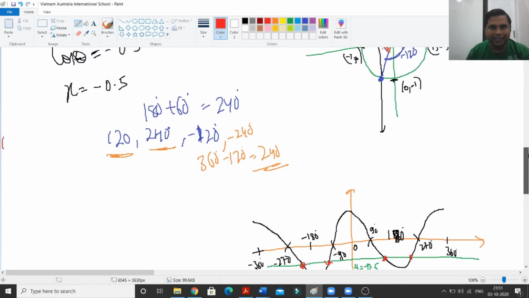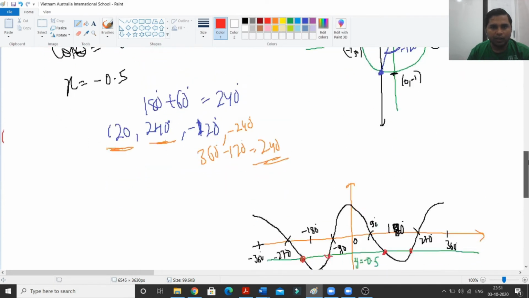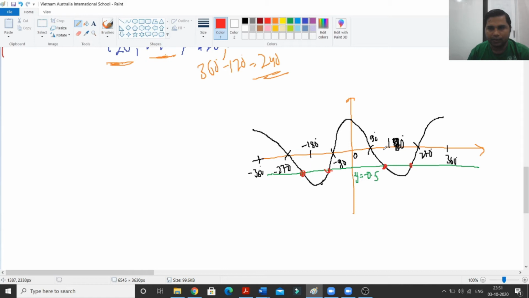One value you can get using the calculator, which is 120 degrees. If this is 120, then one answer will be minus 120, as it is a symmetrical graph. This is 180 plus 60 because this length will be 60 degrees.